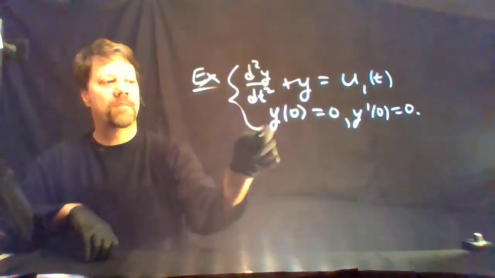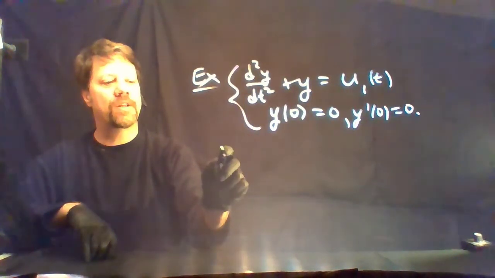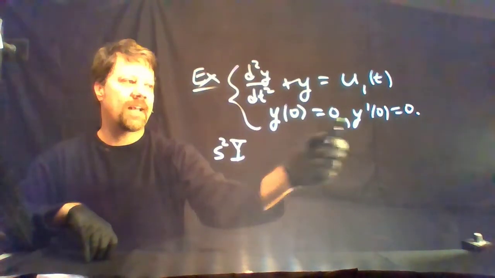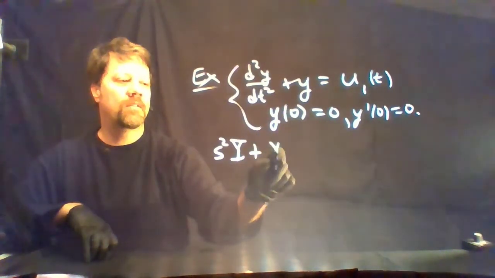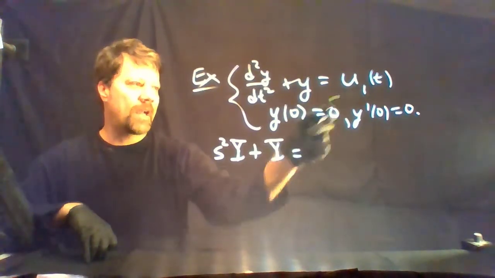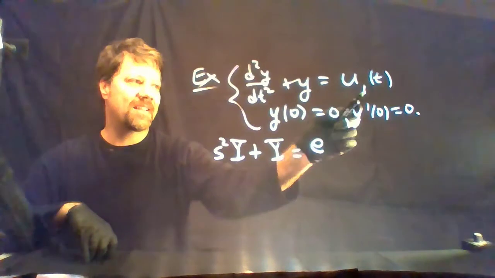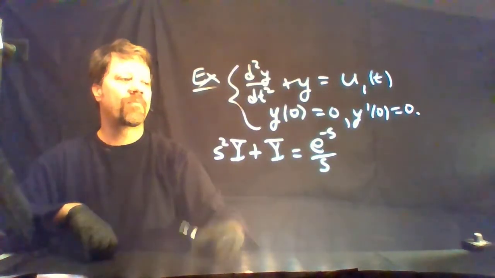To solve this problem, we'll apply the Laplace transform to both sides of the differential equation, giving s squared big Y minus 0s minus 0 plus big Y. On the right-hand side, we'll have e to the minus as, a in this case is 1, divided by s.